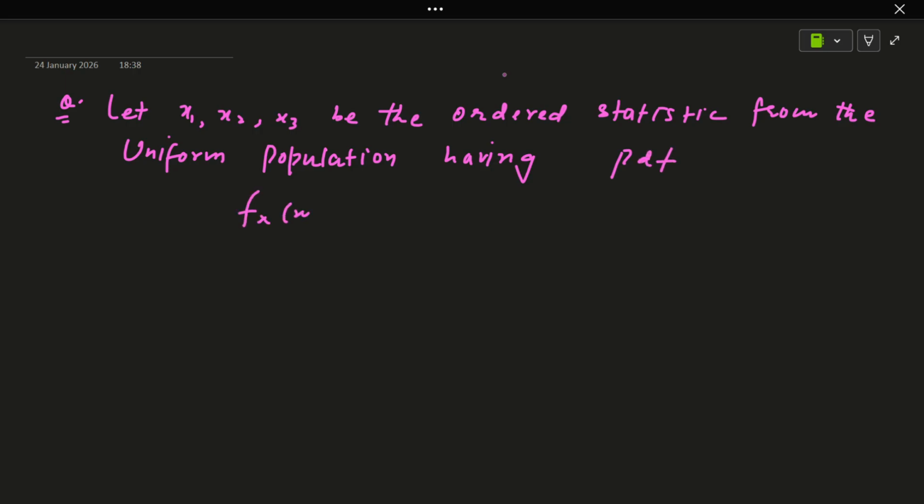PDF f of x will be equal to 1 by theta, if x is between 0 to theta.